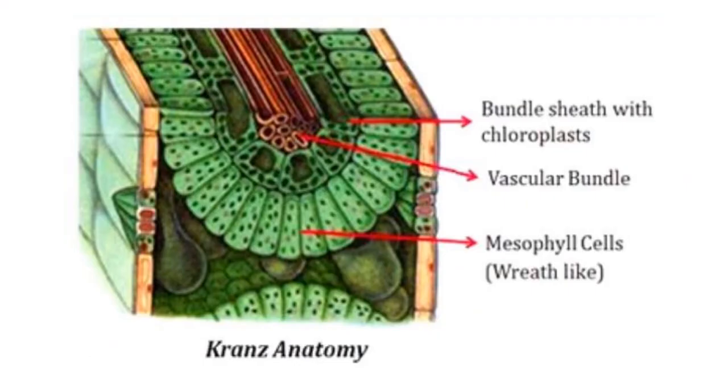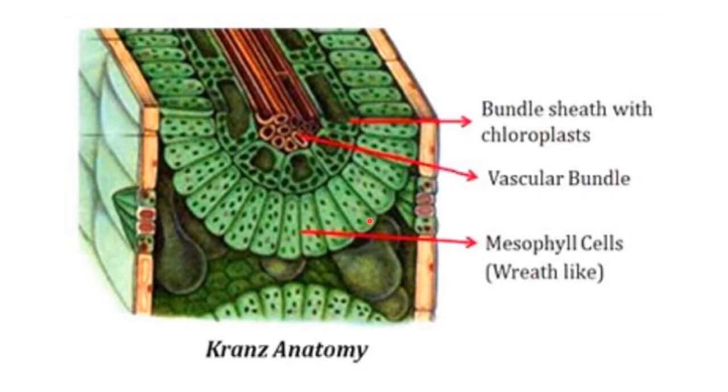This is the anatomy of a leaf of a C4 plant, and this anatomy is called Kranz anatomy because here you can see these large size mesophyll cells are making a ring around the bundle sheath cell.